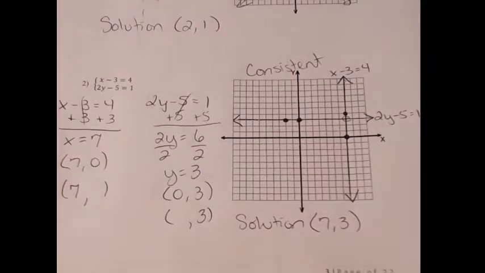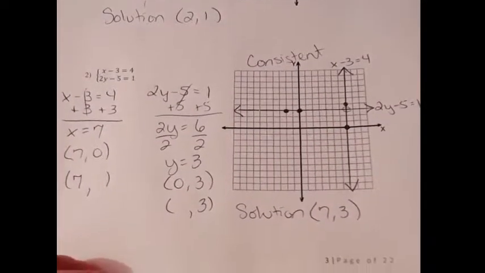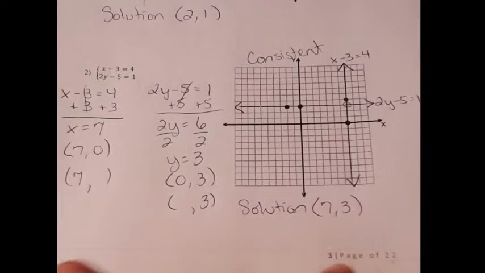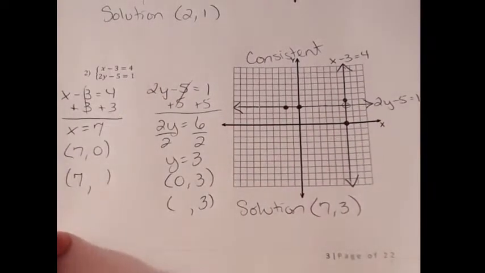But doesn't that kind of make sense? If they tell you that x is 7 and y is 3, okay, that's the solution. X is 7 and Y is 3. Cool, right? But you're able to see this graphically. And I want you all to be very confident with graphing vertical and horizontal lines, which is why I provided that example for you to do. Let's turn the page.